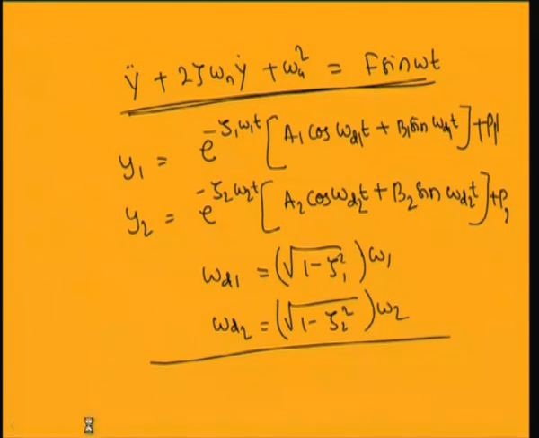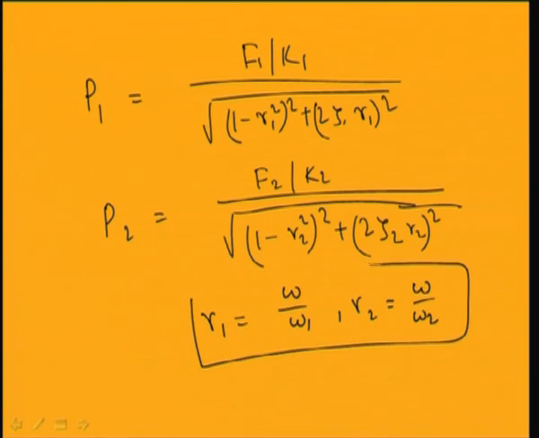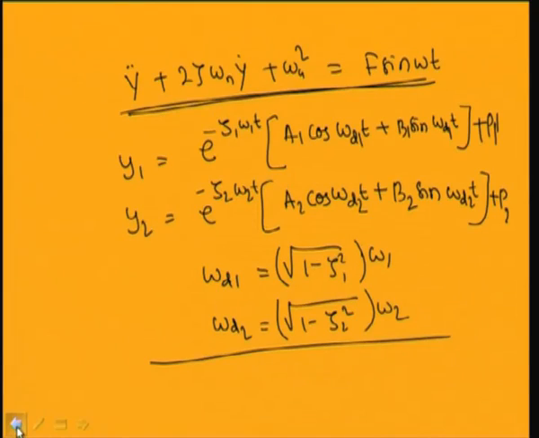From this you can find r1 equal to omega by omega 1 and r2 equal to omega by omega 2. In this way you can find the forced vibration response of a system with damping and without damping.